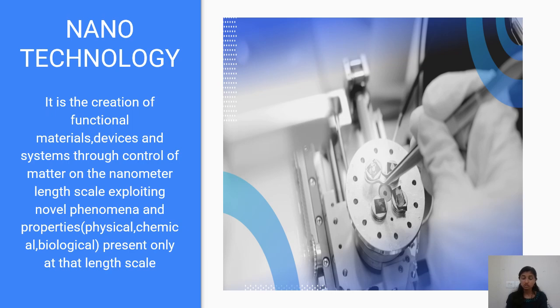Many of the applications of nanotechnology involve new materials that have very different properties and new effects compared to the same material made at larger sizes. The reason for this will be discussed in further slides. The application of nanotechnology can be very beneficial and has the potential to make a significant impact on society.